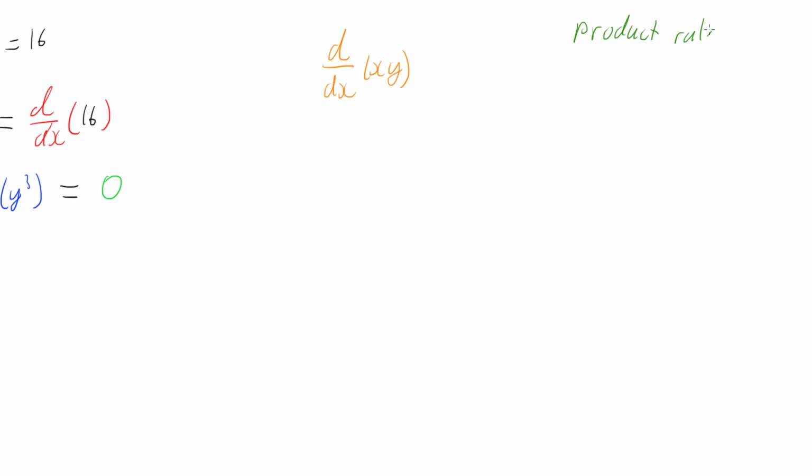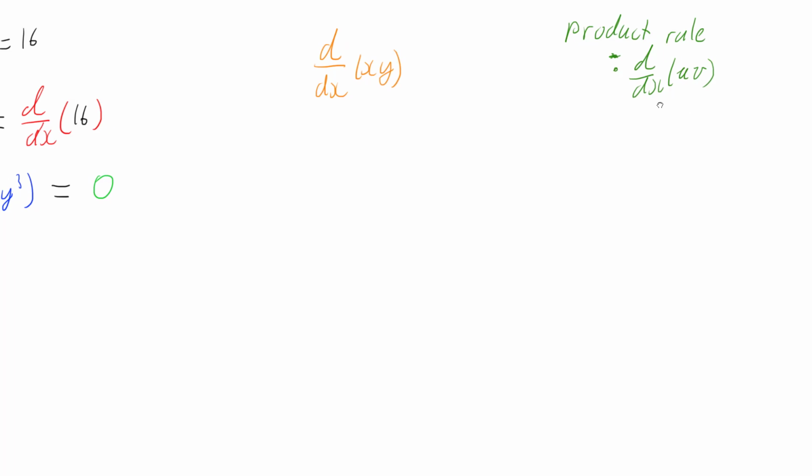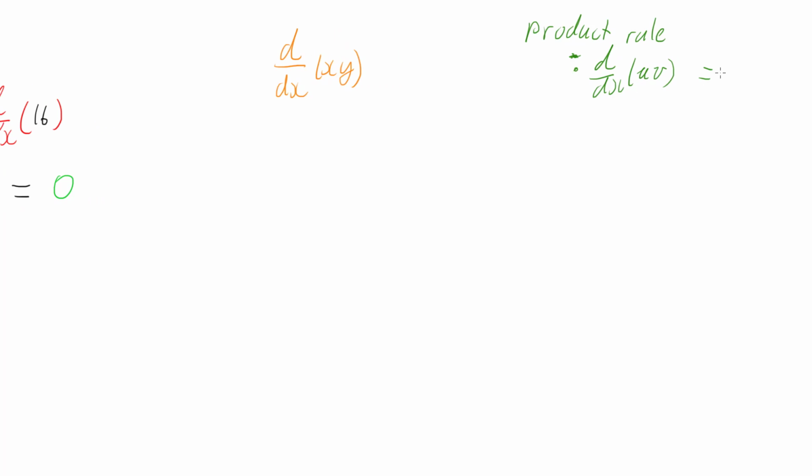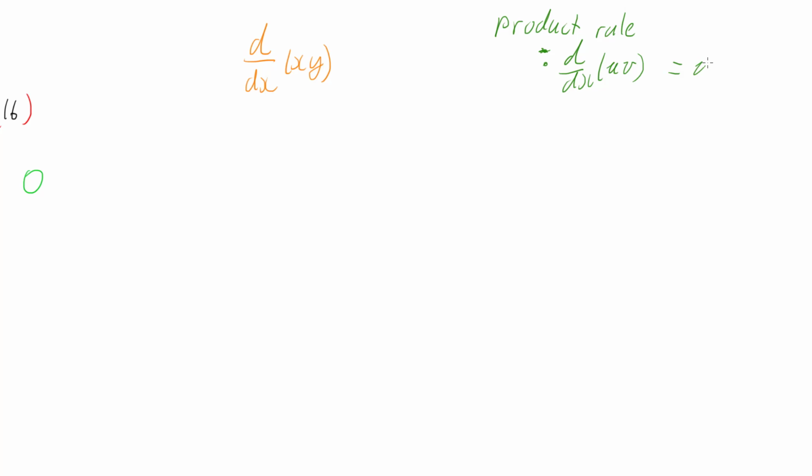The product rule states that if we have d/dx of the product of two functions u and v, then that derivative is u times the derivative of v plus the derivative of u times v.